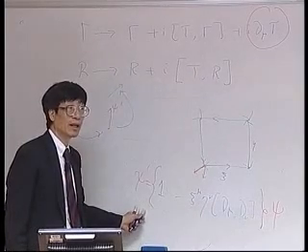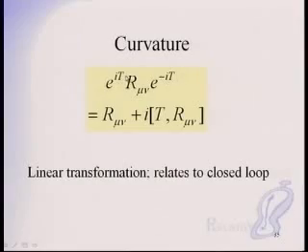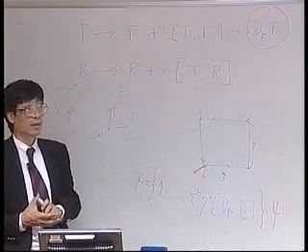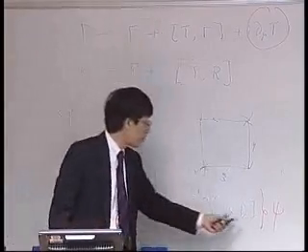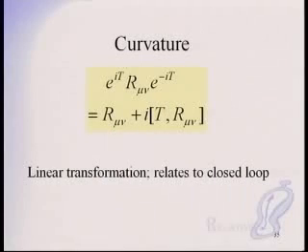You understand? So I just put an e to the minus it and e to the it on two sides of this bracket, which means I put that operator on two sides of R.